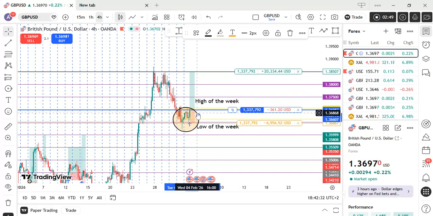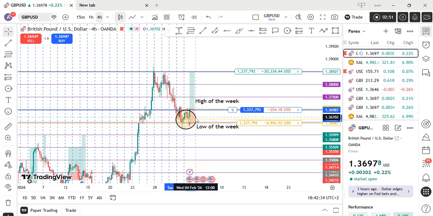One of the confluences I'm also seeing from this level is the low of the week. I see price forming a W pattern, which is price action on the low of the week and the psychological level. So this gives us 3/4 confluences already, which gives us an edge to go in for a buy trade on GBP USD at this point in time.